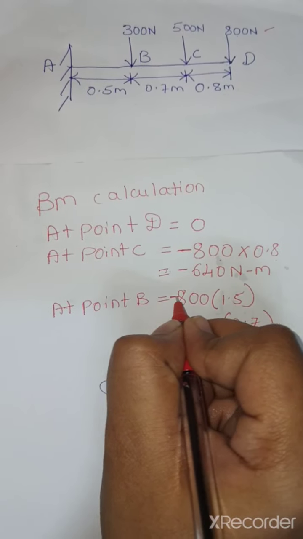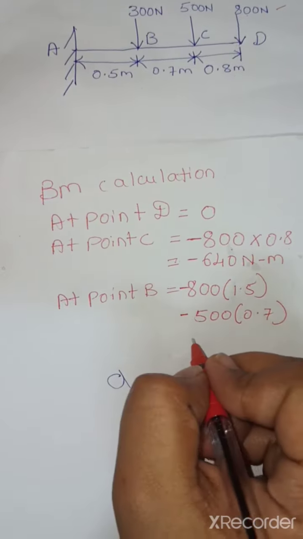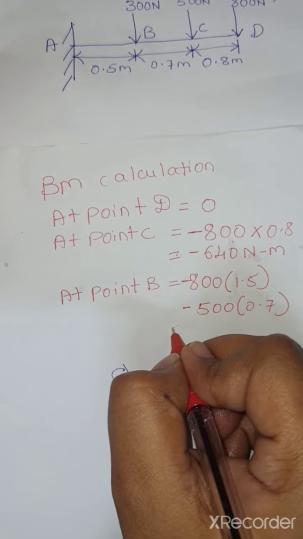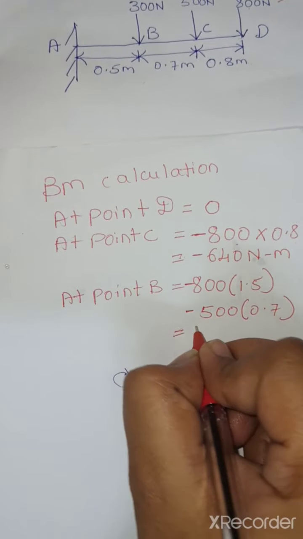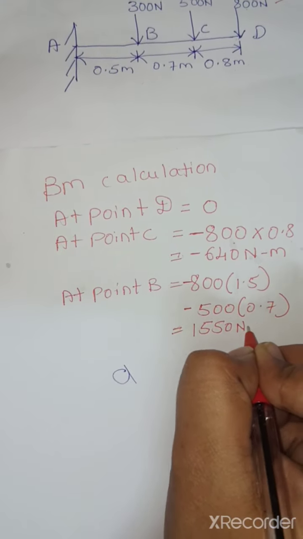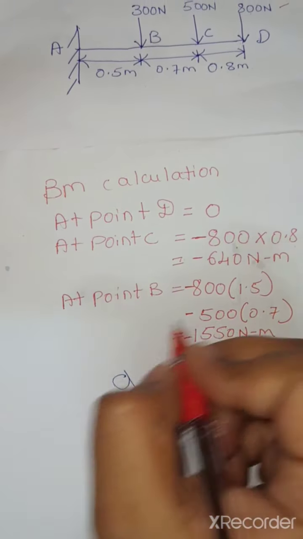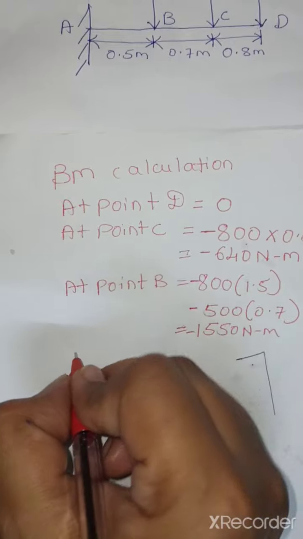Both are clockwise values, so they are considered to be negative. Therefore the total moment at point B is equal to 1550 Newton meter. So this is all about the moment at point B.